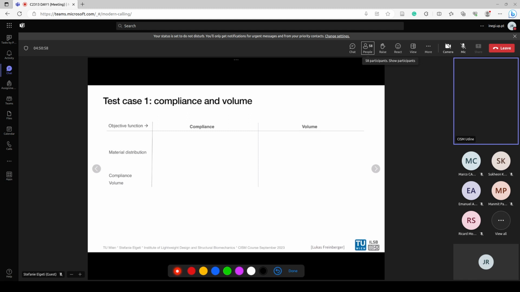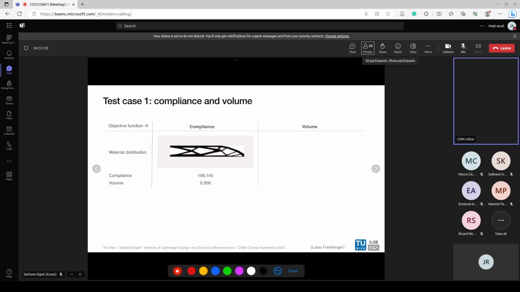So here we see compliance as objective function, volume as objective function, and then we have the material distribution. This was computed with the SIMP as a geometry representation, and this is the resulting material distribution.